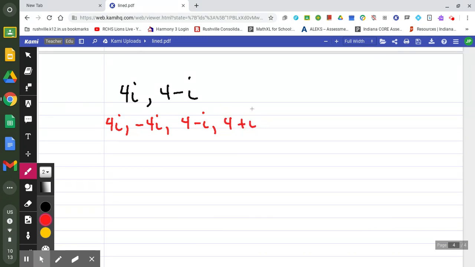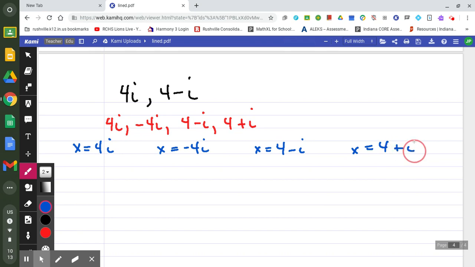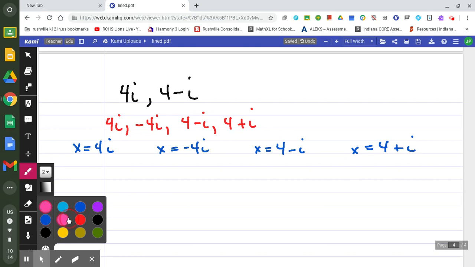So we are going to have a degree 4 answer. Again, our next step is going to be making these x equal. Now we want to set them equal to 0. So I need to do minus 4i on both sides of the equal sign.